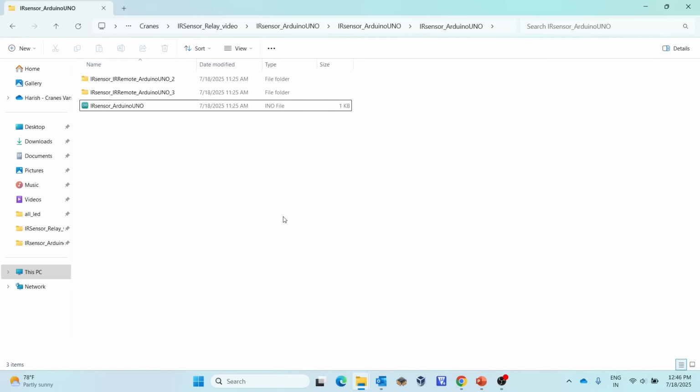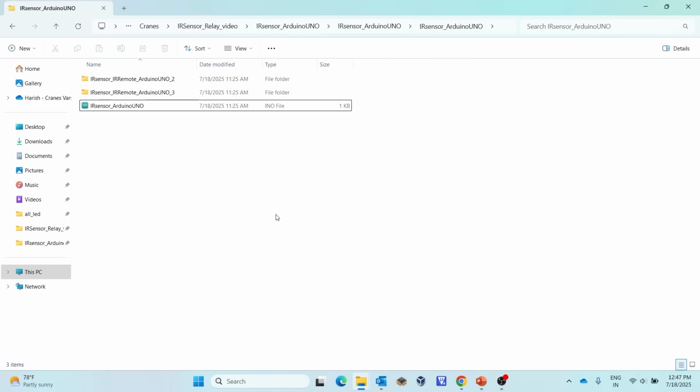So students, let us see the case number one that we discussed. The case that we discussed was, if we put a hand in front of the sensor, then the bulb should glow.